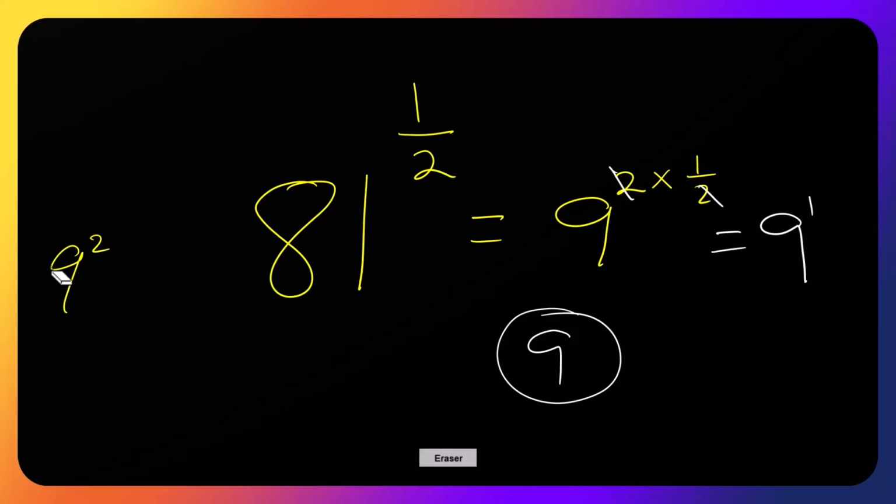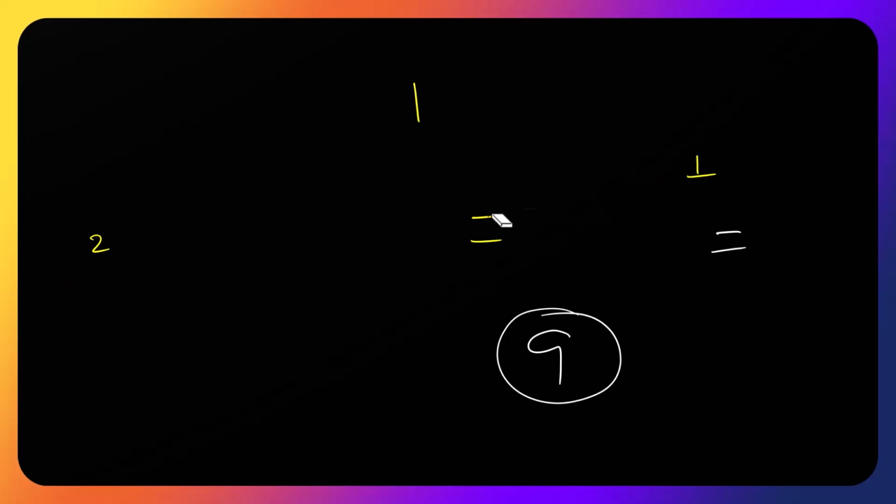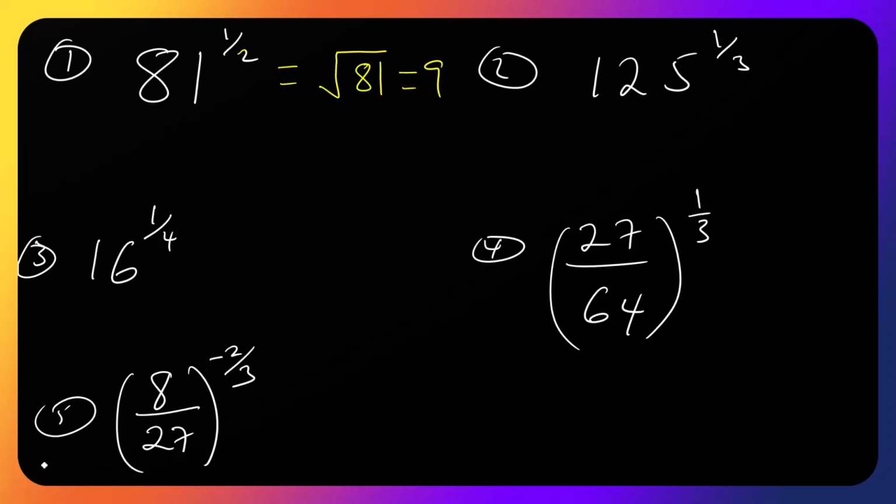All right, now let's observe the second one, or you can pause the video and try. We have 125. If we want to go by the fractional index, this side is 3, so 1 over 3 will be the cube root of 125. Be very careful with how you write the cube root. Don't do it like this.